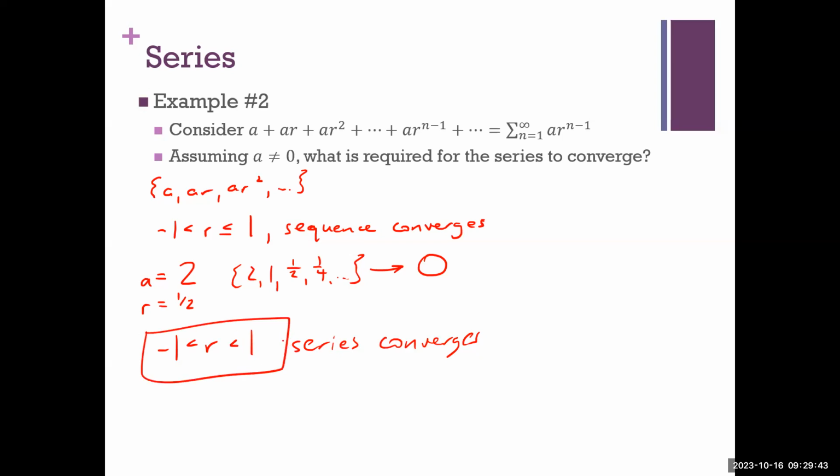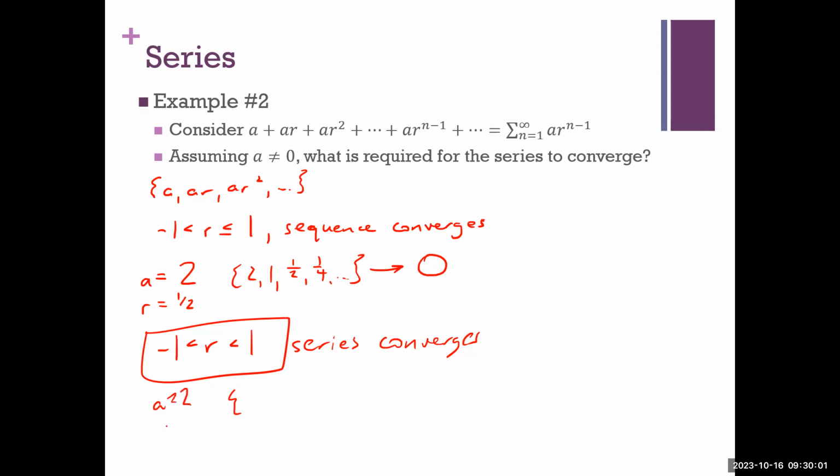So what's the difference between that? Why are we removing R equal to 1? So let's go back to our sequence.